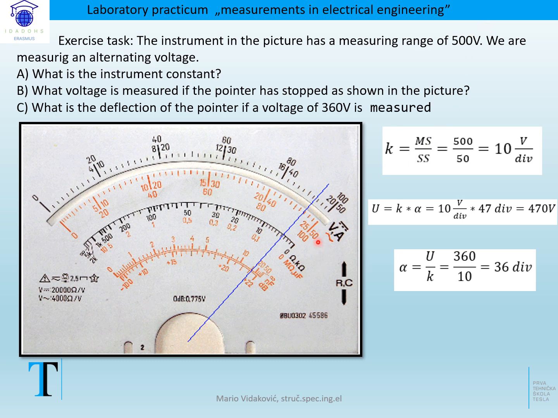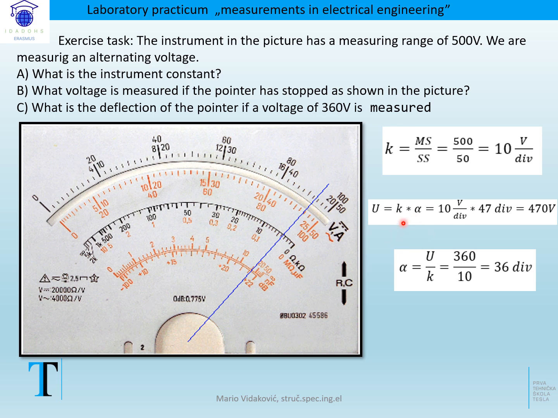We must look at the mark for the alternating current, the lower scale, the red one: 10, 20, 30, 40, 50 parts of the scale. 500 divided by 50 is 10 volts per scale division. How do we get the result of the voltage?